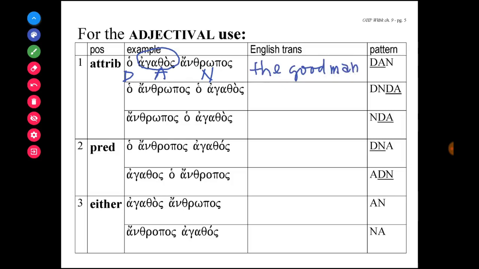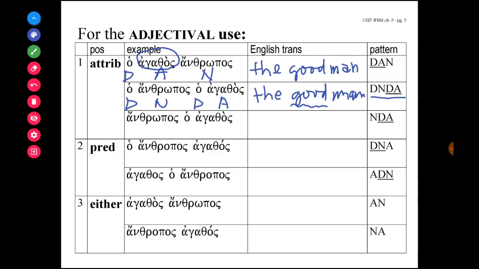What happens if you have a DNDA word order? It's also translated as the good man, but this is actually an emphatic use. So the good is emphasized. If you were to write DNDA, that's a way to emphasize that it's the good man.